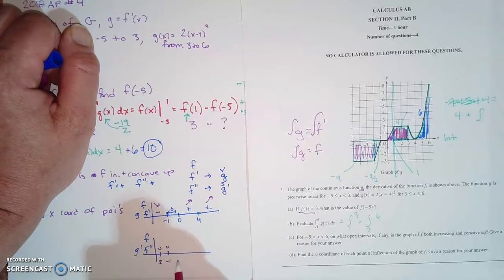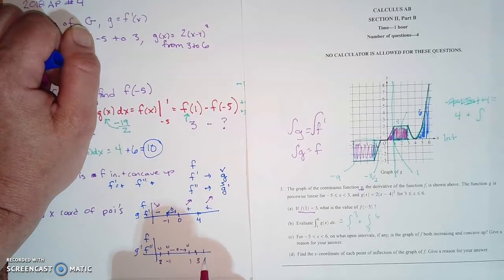The slope is 0 all the way to 1. The slope is then undefined at 1. The slope is undefined at 3. And the slope is 0 at 4.